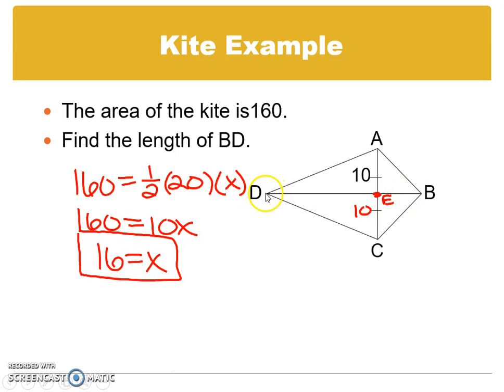If I put the string here, that is the height of the kite. And then right here is the D1, which is 20. 10 plus 10, 20. And then this is D2, which is what we're looking for. Half times 20 is 10. 160 equals 10 times x, so divide each side by 10, 16. So x equals 16.